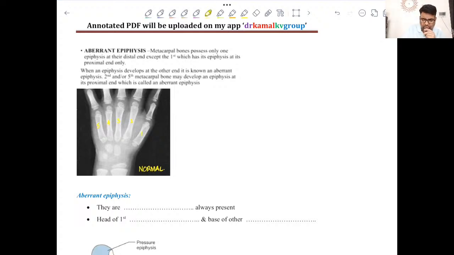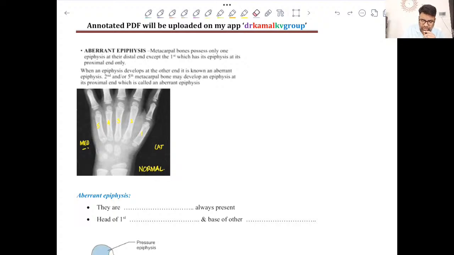The counting is done from lateral to medial. Clear? So we are going like this. Now these metacarpals are having a single epiphysis, right?